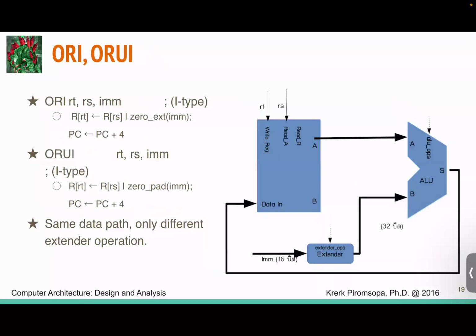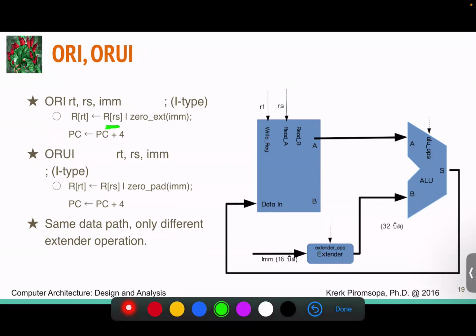Let's try these 2 instructions then. The RTL says read data from RS, OR that with the zero extension of the immediate. That means you have to put RS to the register file.